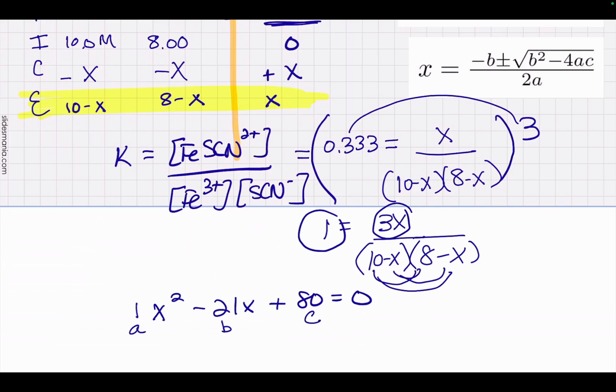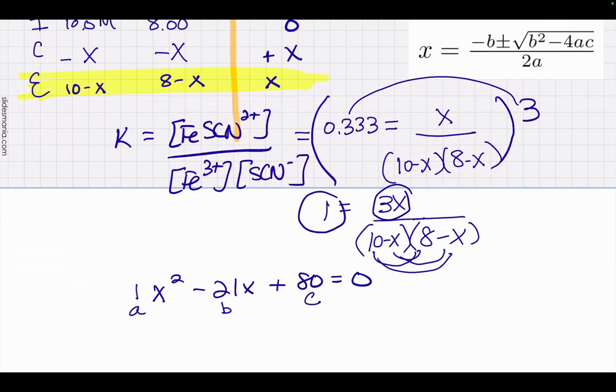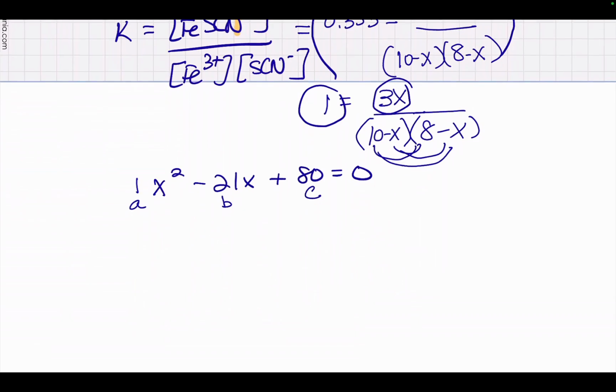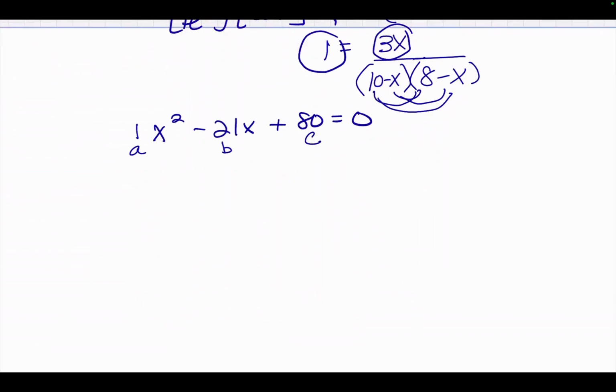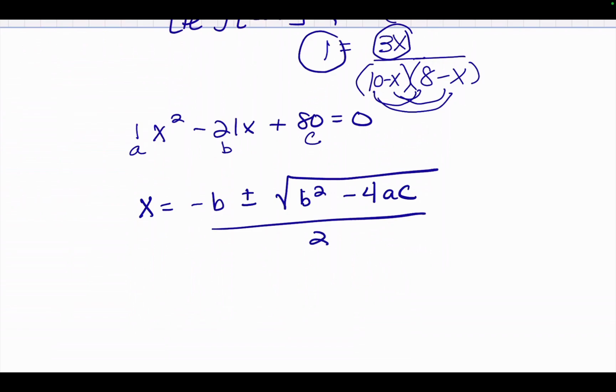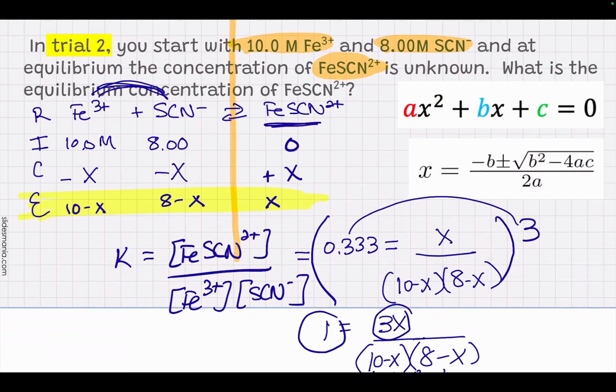And you can get a quadratic formula calculator on the computer or on your calculator. You can program it. But basically, x equals, remember, negative b plus or minus the square root of b squared minus 4ac all over 2a. Is that right? I think it's right. Let me look. Yes.